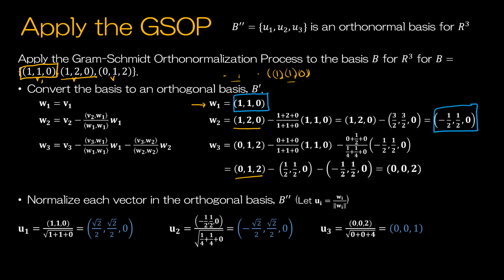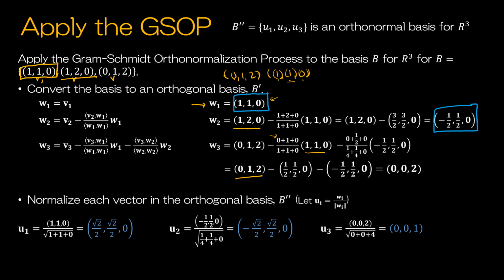So now I'm not using V2, I'm using V3 dot V1. So 0, 1, 2, dot product. That gives me 0 plus 1 plus 0. That's my numerator. Denominator, 1 plus 1 plus 0. And I'm multiplying it by W1.